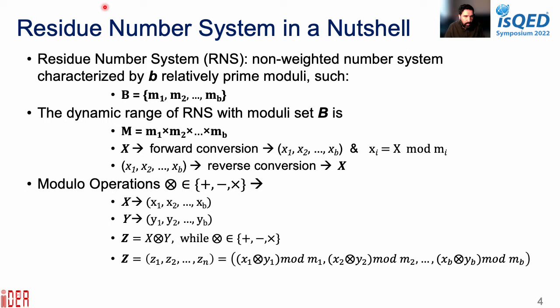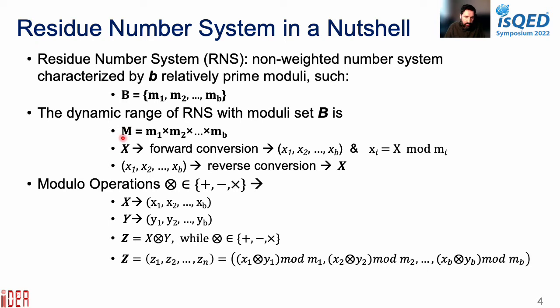An RNS is composed of b relatively prime numbers, such as m1, m2, m3 to mb, where b is equal to or greater than 2. Each mi is called a modulus. The dynamic range of RNS, uppercase M, is the product of m1 to mb.